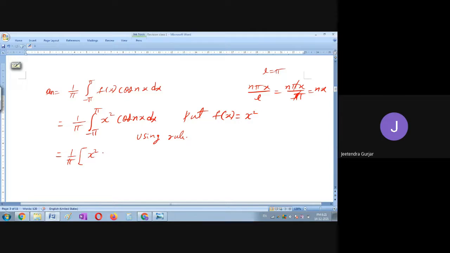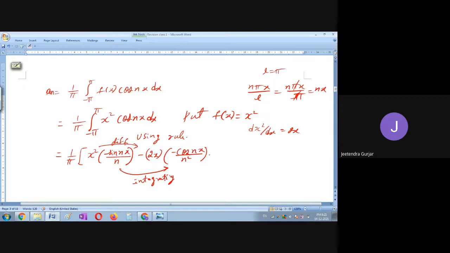Integration of cos nx is going to become sin nx divided by n, minus differentiate this. Differentiation of x square with respect to x is 2x. So I'll just take 2x. Then integration of sin nx upon n is going to become minus cos nx upon n square. Just I'm integrating this, and this is differentiating.